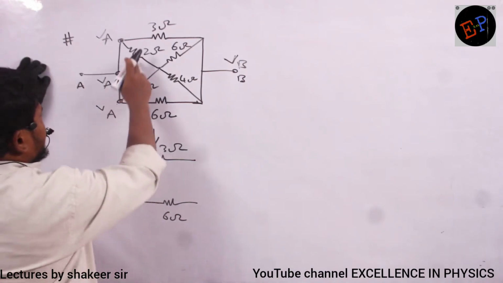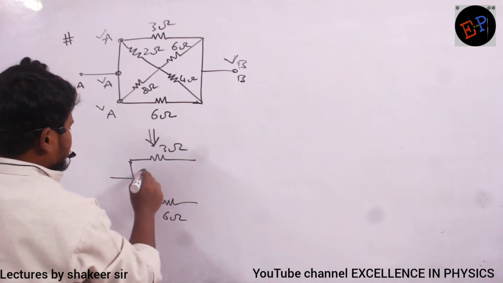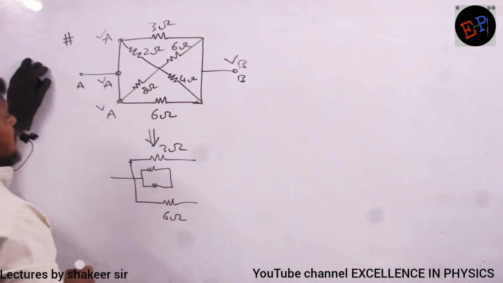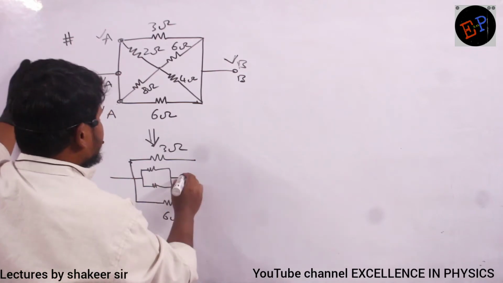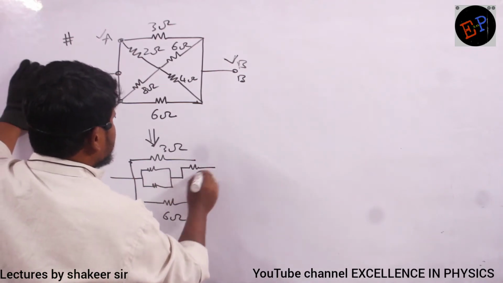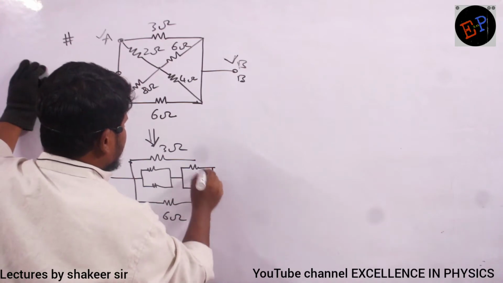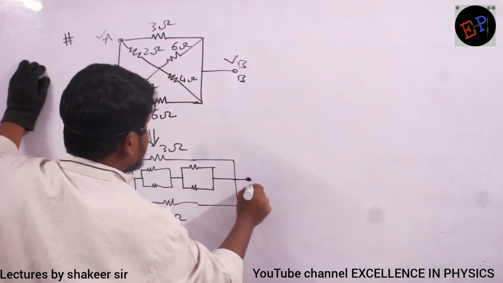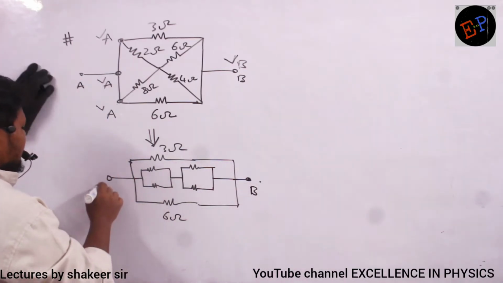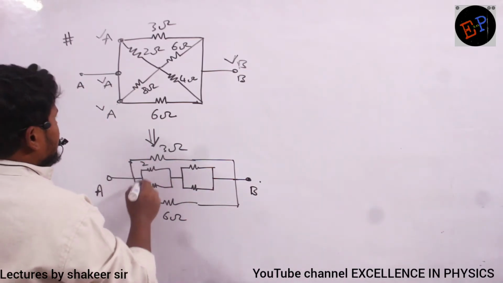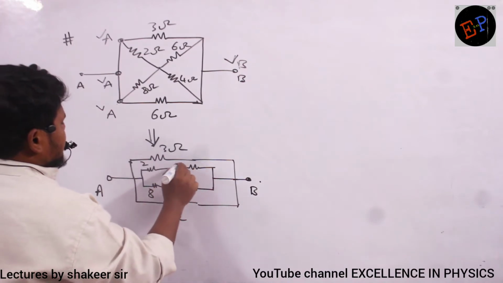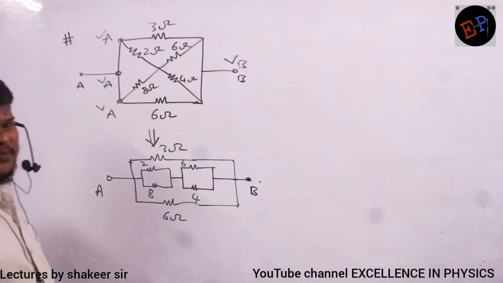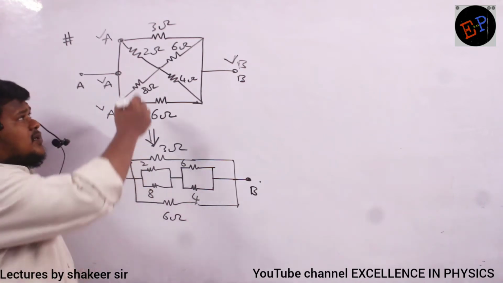And from A, 2 and 8, they are connected like this, and they have a common point, and from here again 6 and 4 are connected like this. Are you able to understand, ma? All of them are connected to what? All of them are connected to point B. This is the circuit which I can draw. So 2, 8, 6, 4. This is the diagram. Are you able to understand, ma?